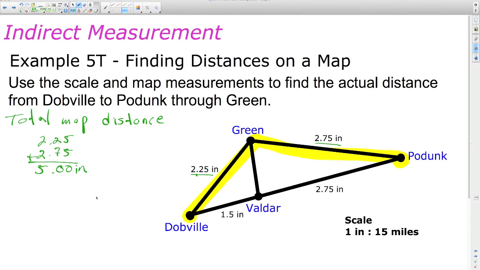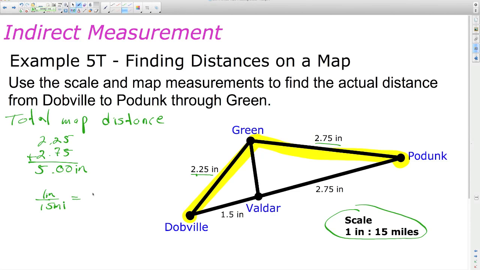So we're going to set up and solve a proportion now. And we're going to use this scale right here. A lot of students miss that scale sitting right there on the map. The scale on a regular map is usually somewhere. In the previous problem, it was written right into the problem, but on a map, it's there. So here's the scale. And what that says is we have 1 inch to 15 miles.